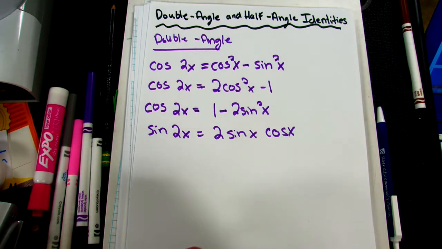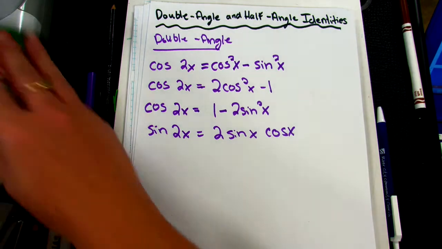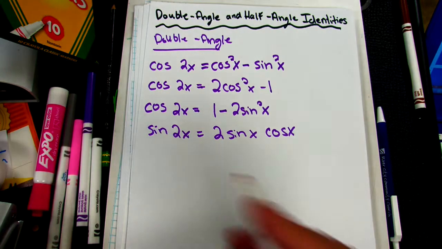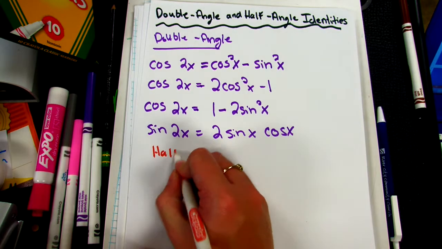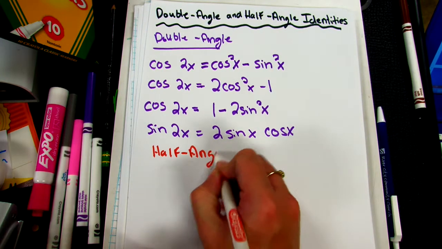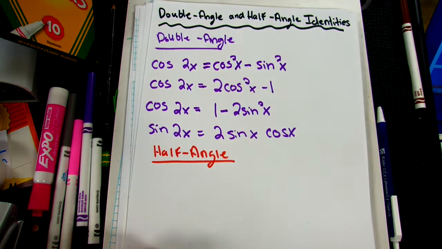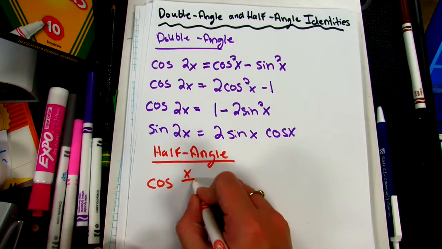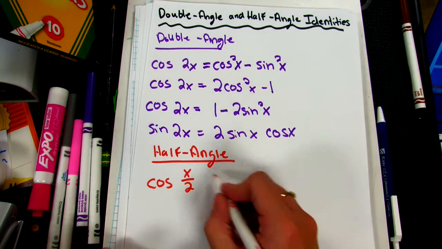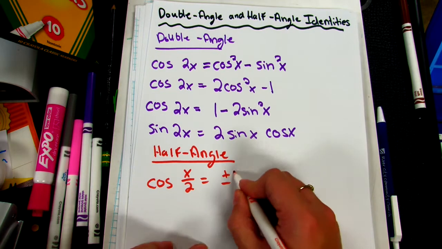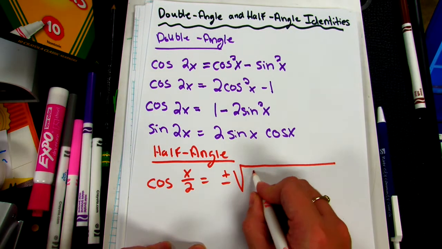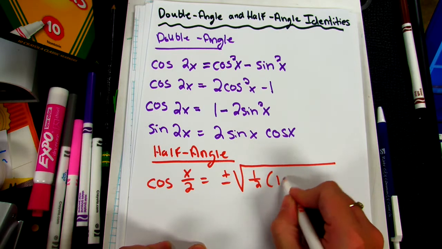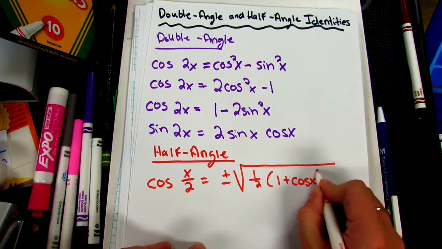All right, so now let's talk about the half angle. Our half angle identities look like this. We have cosine of x over 2, half the angle, is equal to plus or minus the square root of one half times 1 plus cosine x.